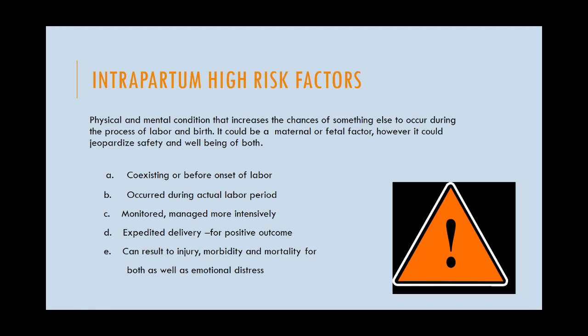Potentially, these people have to end up with an expedited delivery to end up with a positive outcome for mom and baby. So, for example, think of your preeclamptic mom. If her pressure continues to increase and increase and increase, then we may have to expedite her delivery so that she does not end up in an eclamptic state, so that we can have a better outcome for both she and the baby.